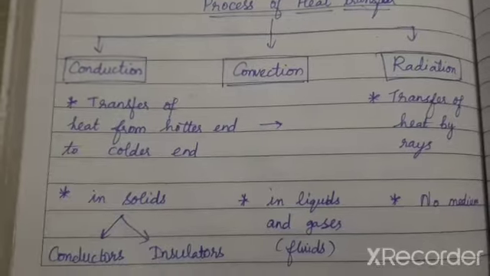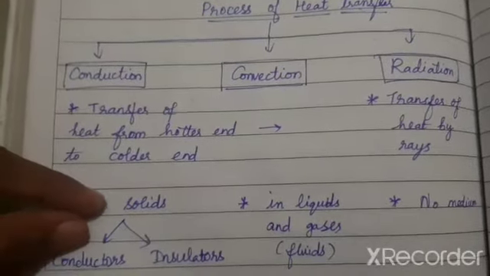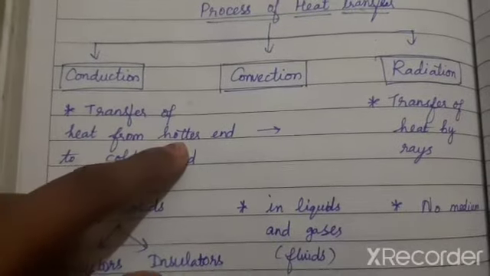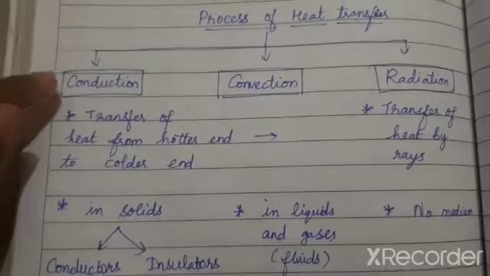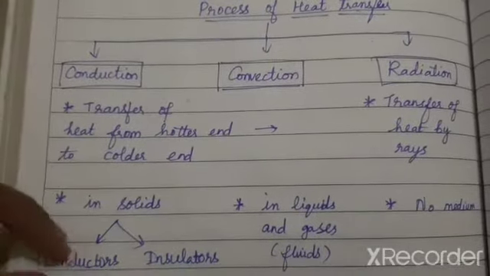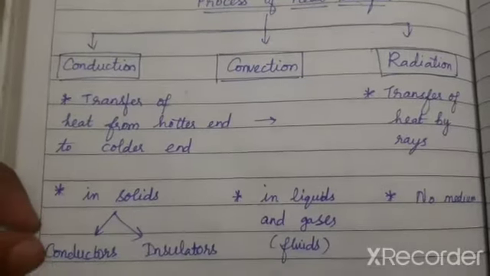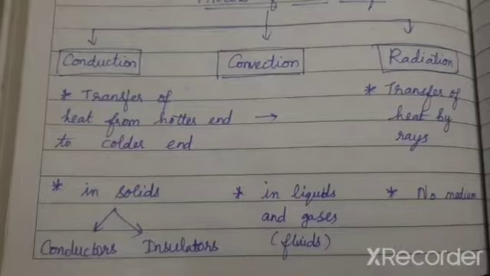Okay. So whenever there happens a transfer of heat in case of solid objects from the hotter end to the colder end, then the process is called conduction. Based on this only, we classify the materials as conductors and insulators.